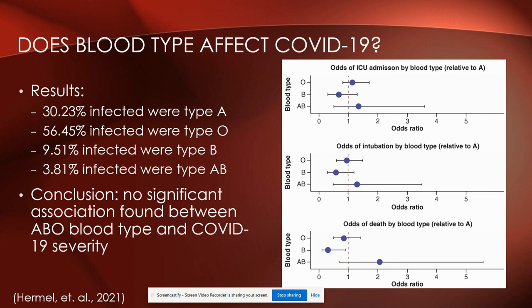And what I thought was interesting is that the odds of death was actually lower among type B blood relative to type A, according to this plot down at the bottom. However, overall, this article concluded that there was no significant association found between ABO blood type and COVID-19 severity.